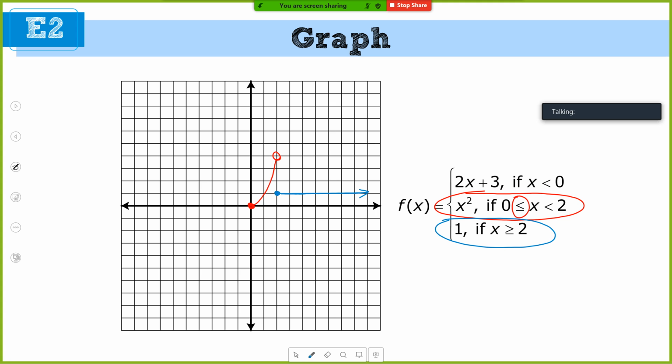Okay. Now we'll do the last one. And the last one is a line. It's going to go from 0 to negative infinity. So I know that at 0, I'm going to have a value of 3. It's going to be an open circle. And it has a slope of 2.